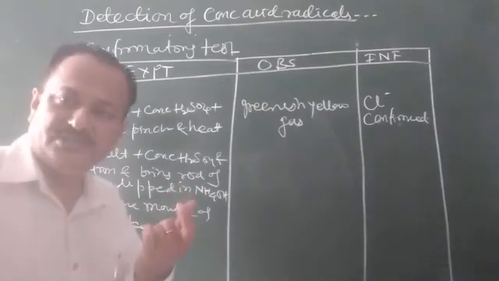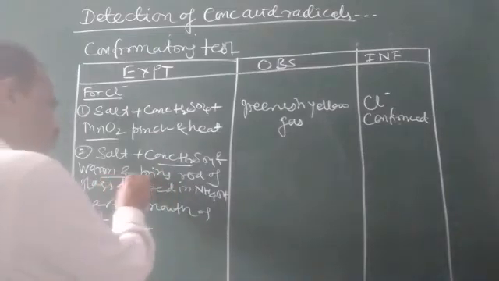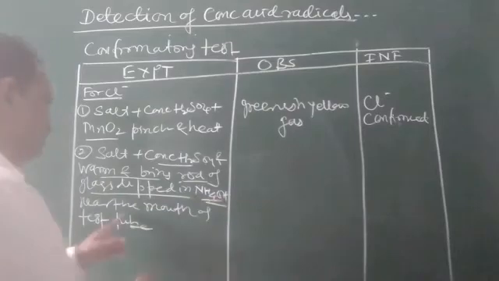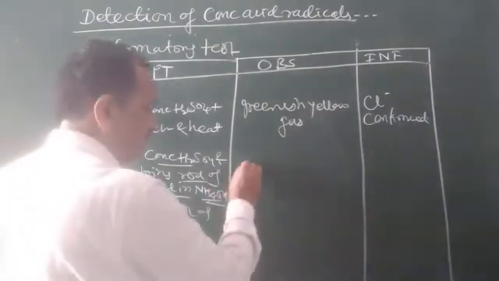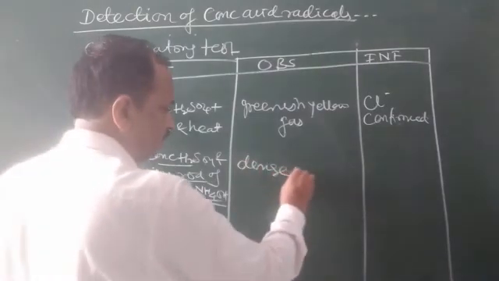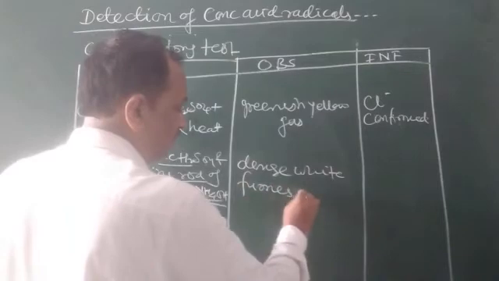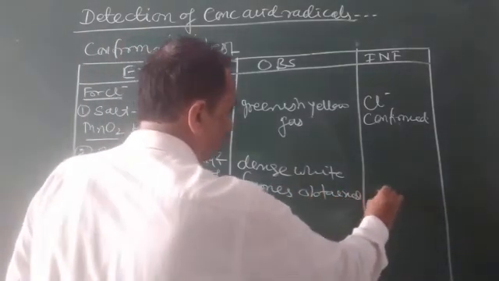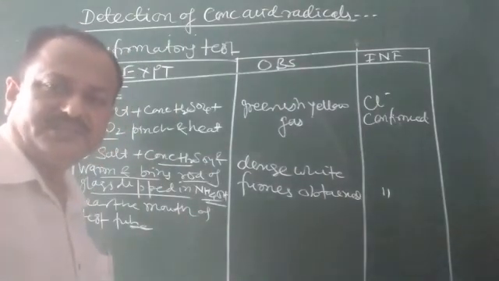We take a pinch of salt, then concentrated sulfuric acid, then warm slightly and bring the glass rod dipped in NH4OH near the mouth of the test tube. Here, just in front, dense white fumes are obtained. And so chloride is confirmed. So these are the different tests for this.